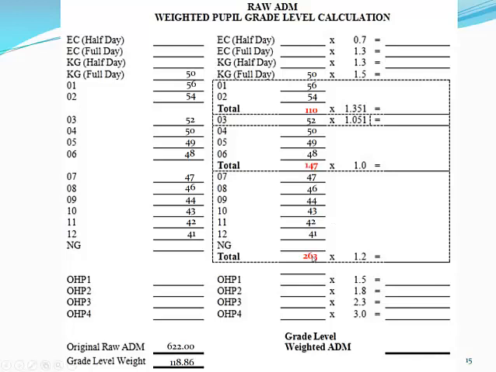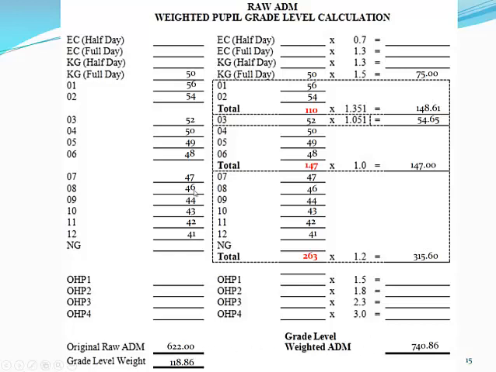So when we add the totals, you can see what we have here. Up here on this part, you would just carry everything over. But here we have 110 students in first through second grade, so we're going to multiply all these by our factors and carry them over. Then we add all these together and we get our grade level weight.